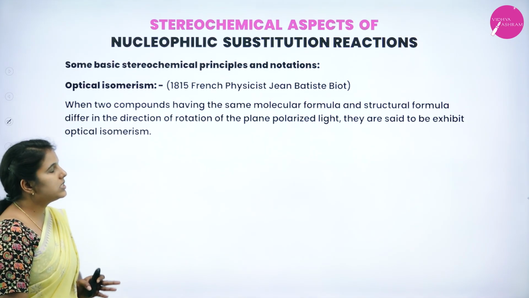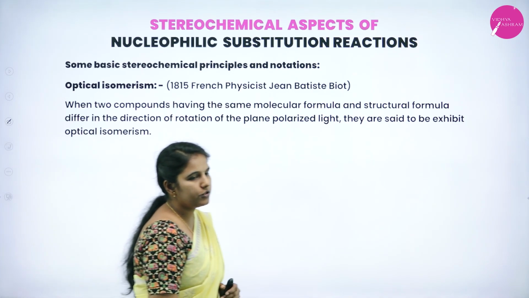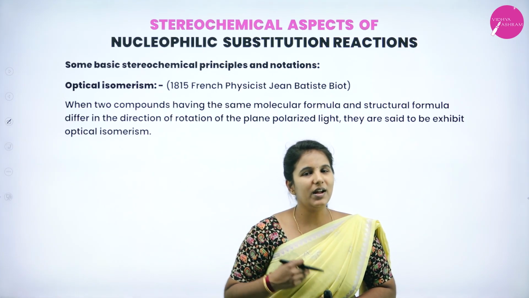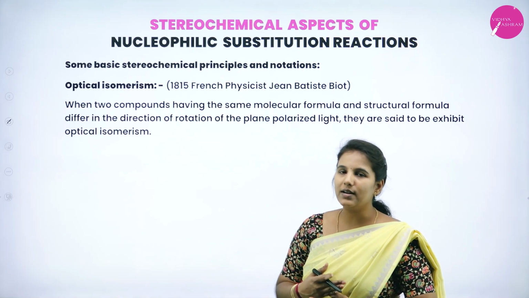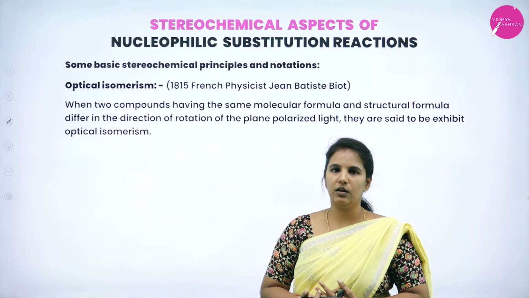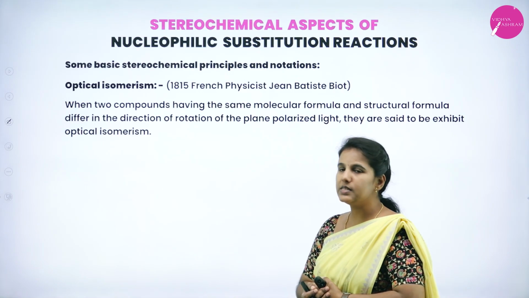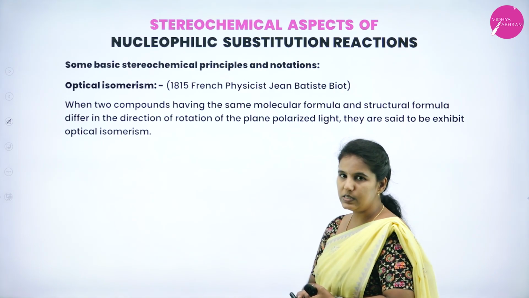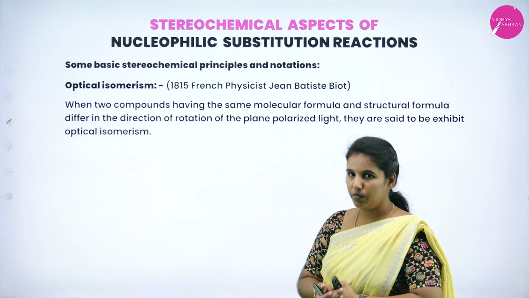Next, we have stereochemical aspects of nucleophilic substitution reactions. After understanding nucleophilic substitution reactions, we need to understand some of the common terminology which we use repeatedly. Okay, we'll see one by one. Some basic stereochemical principles and their notations are as follows. First one is optical isomerism.